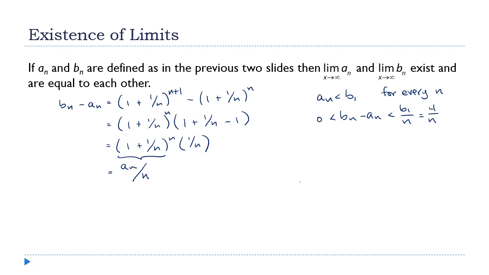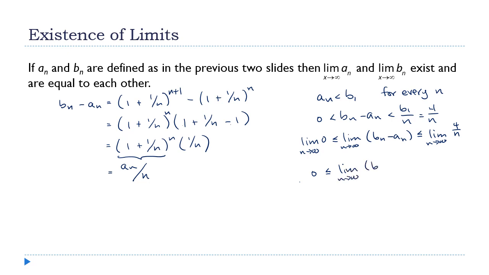Now we're going to apply the sandwich theorem, or the squeeze theorem, the same thing. I'm going to take the limit as n approaches infinity of 0, which is less than or equal to the limit as n approaches infinity of b_n minus a_n, which is less than or equal to the limit as n approaches infinity of 4 over n. The left-hand limit here is 0.